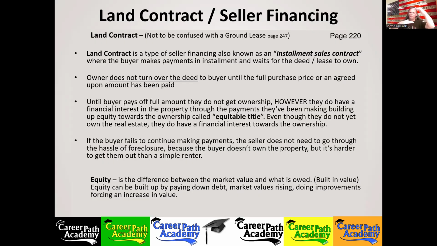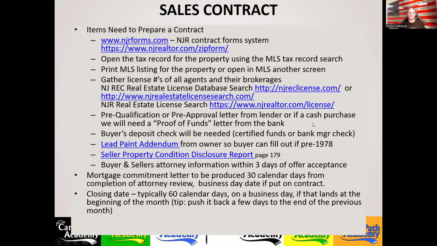That's one way to build equity. Another is you could do improvements on the property, increasing its value, building equity. Or just through inflation, through the market values going up and down on their own. When the values go up, you're building equity. So that's a land contract, also known as an installment sales contract. It's a type of seller financing.